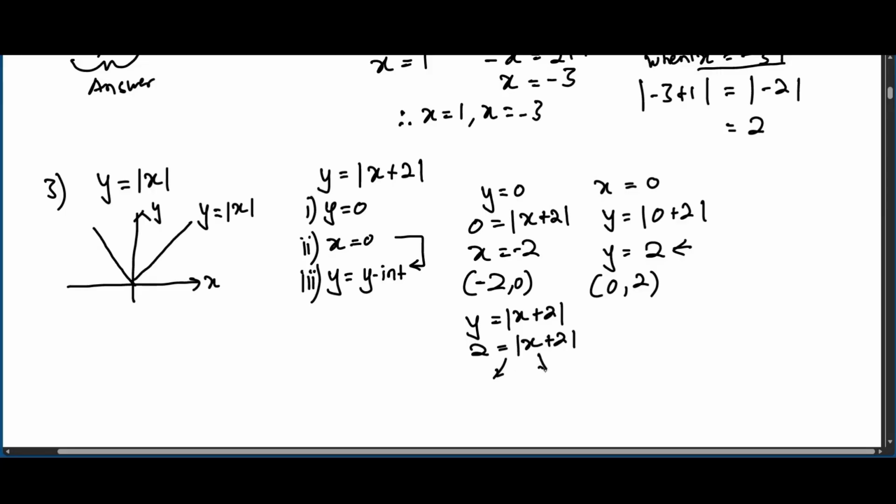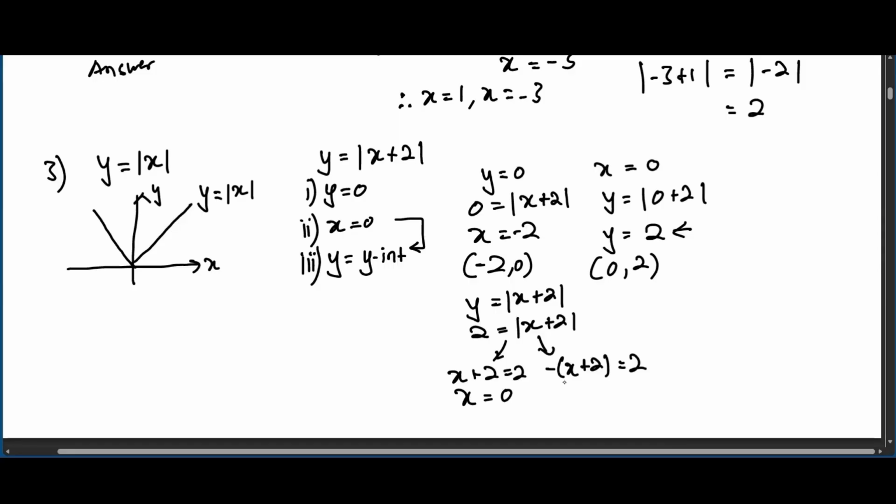So one positive, one negative. So x plus 2 equals 2, at the end of the day, you get 0. So the negative one would be negative x plus 2 equals 2. And finally, negative x minus 2 equals 2. And finally, you get your x as negative 4.